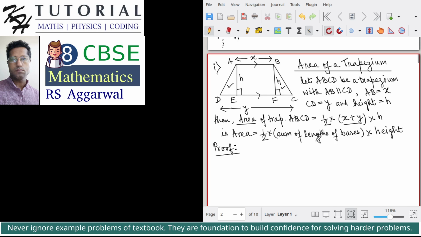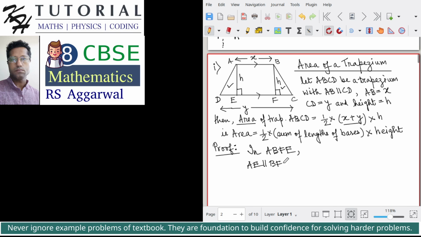So as you can see, this trapezium has been divided into three figures. Two are triangles, ADE and BFC, and one is the rectangle. So ABFE is a rectangle. In quadrilateral ABFE, you will see that AE is parallel to BF.